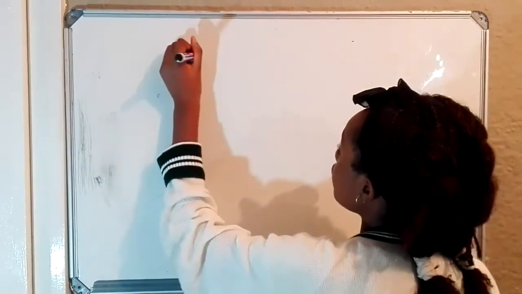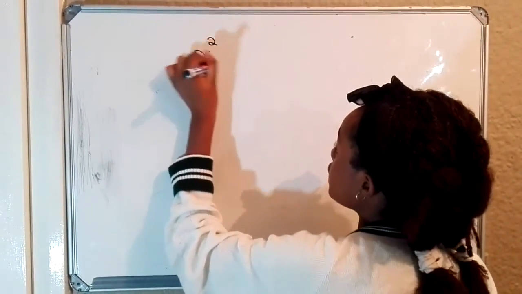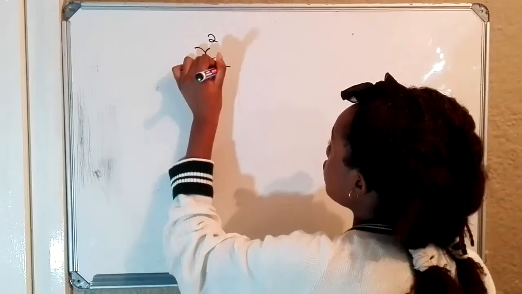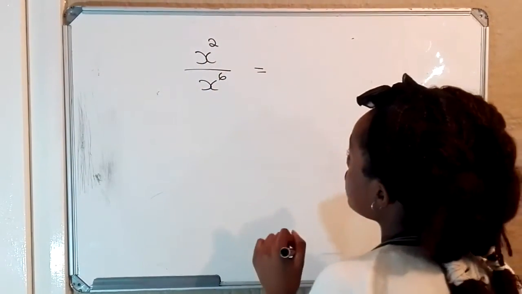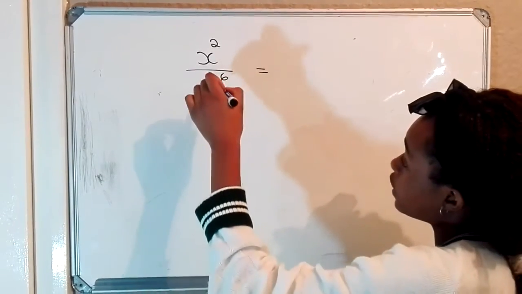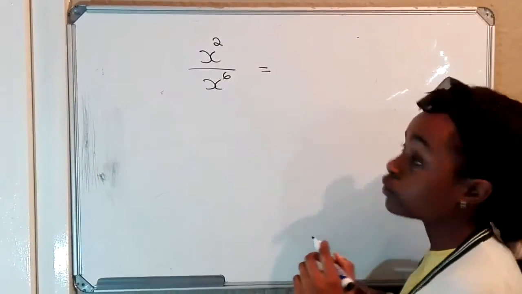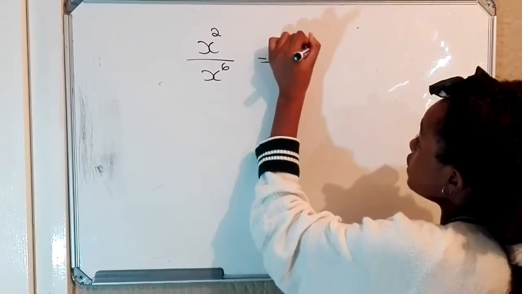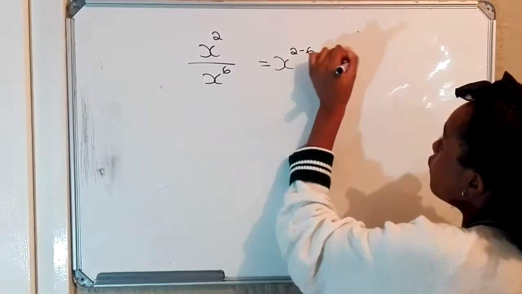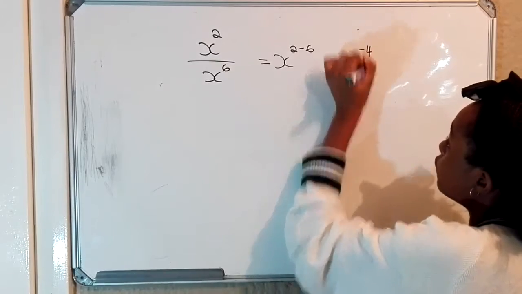What if we have x squared on top divided by x to the power of 6, right? We looked earlier, we said if you're dividing variables, you subtract the exponents. So you're going to have x to the power of 2 minus 6, which gives you an answer of x to the power of negative 4.